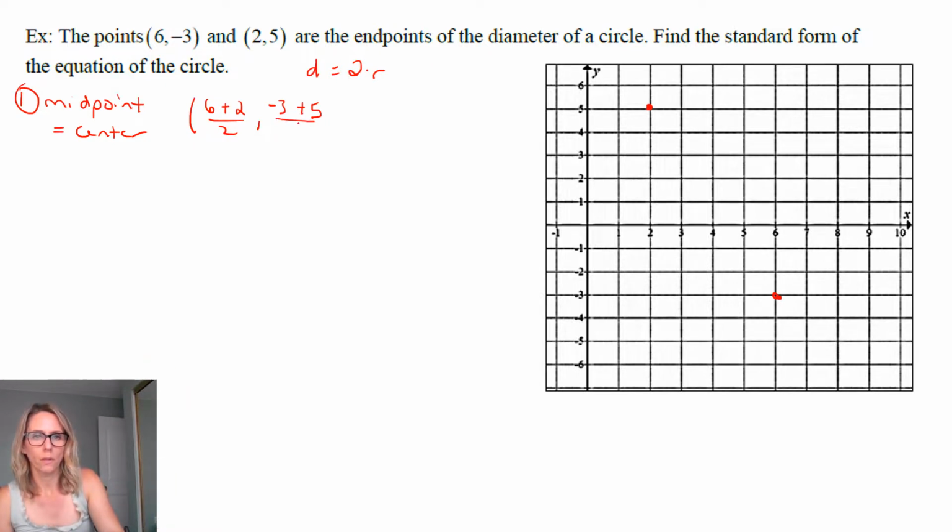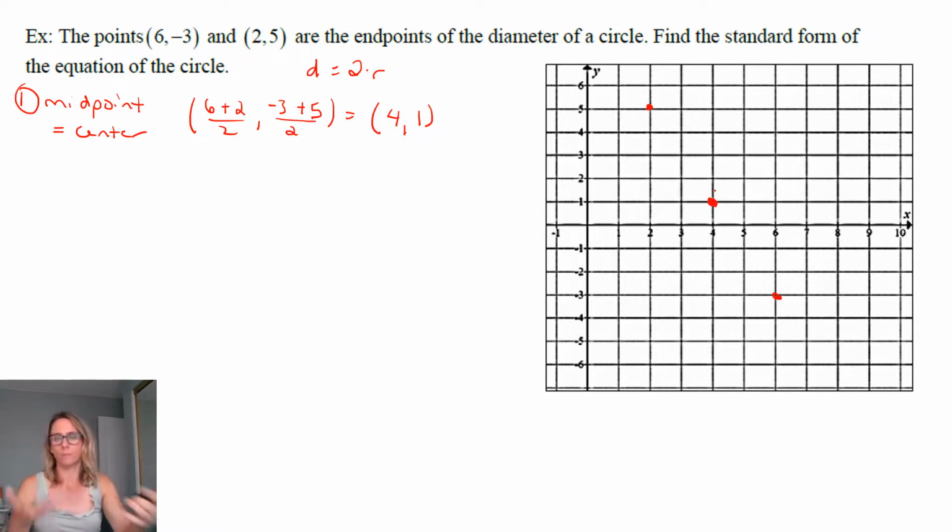Okay, so like this. So that tells us that our center is 4, 1. That's not too surprising. Like if you think about that, yeah, that looks about halfway. So that makes sense.